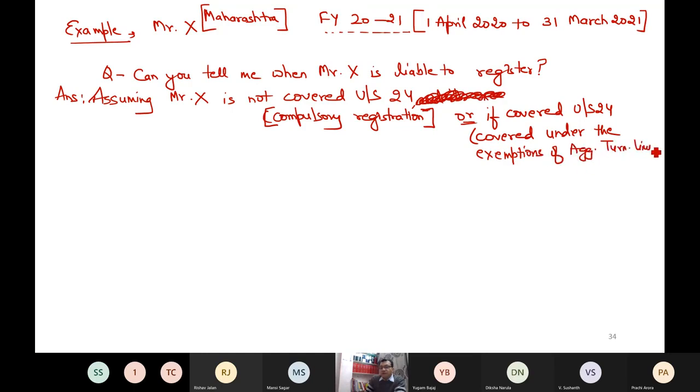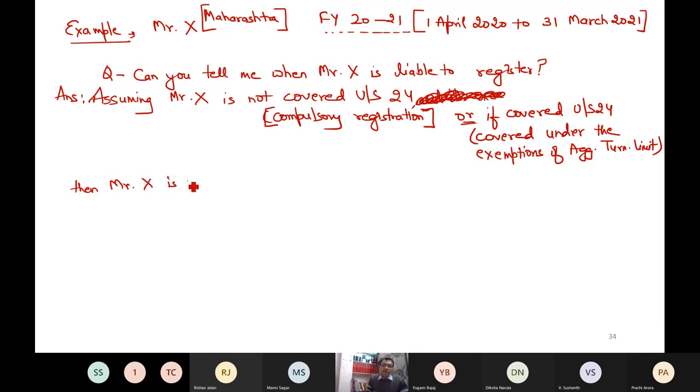This is what you should remember. Either this person should not be covered under 24 altogether, or if covered under 24, then also covered under the exemptions of aggregate turnover limit, where till 20 lakh in Maharashtra, I should not take registration.